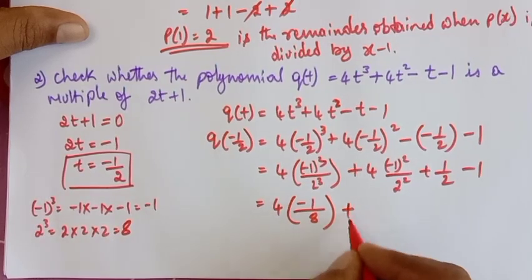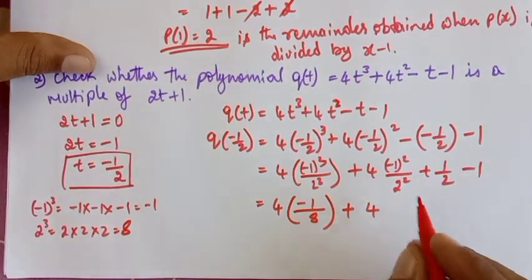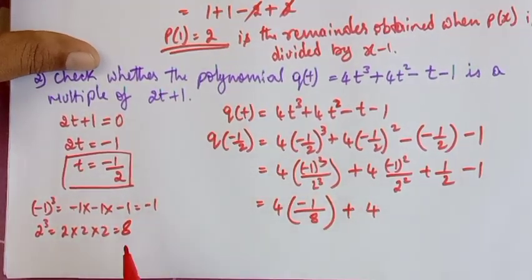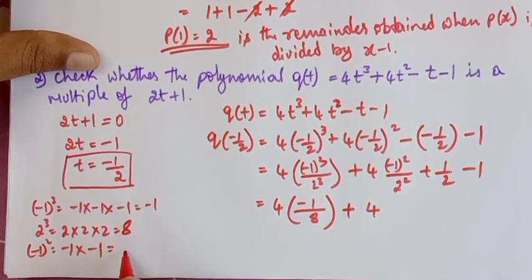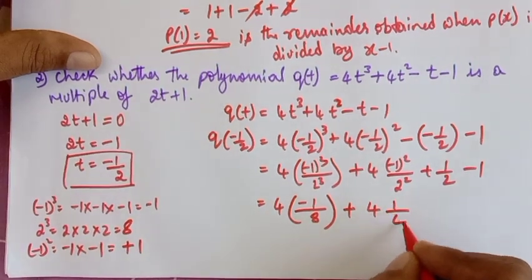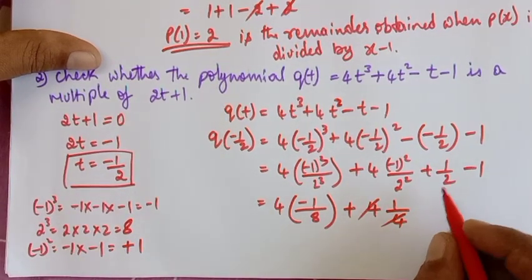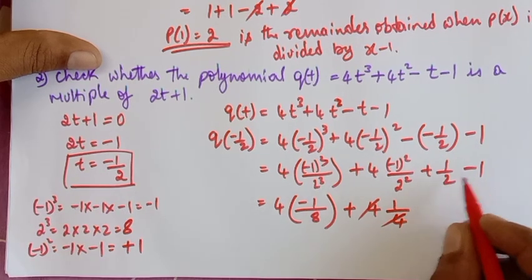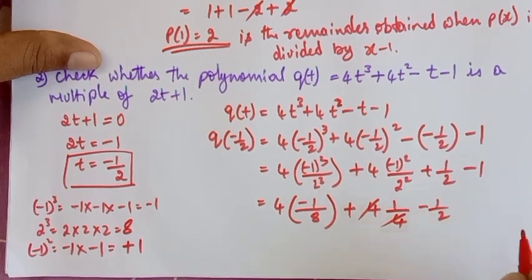Plus 4 into minus 1 whole square, minus 1 into minus 1 is minus into minus is plus 1, so 1 by 4. 4 cancels here. Here the answer is minus half.